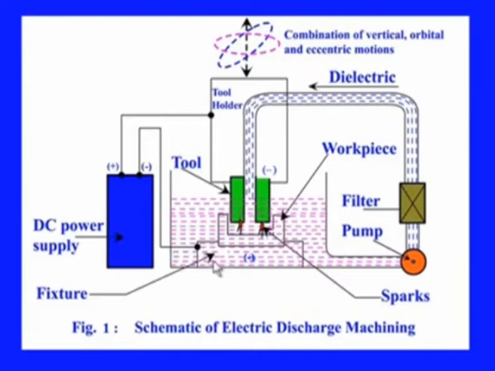Therefore, this fixture needs to be insulated one, and this holds the workpiece in its position. And this tool at times can be made rotated as well, and obviously this is generally made to travel in the z direction or in the height direction, so that the machining can be created.